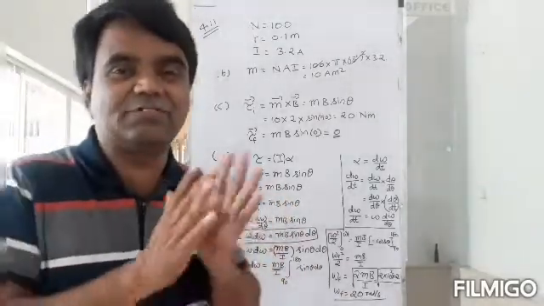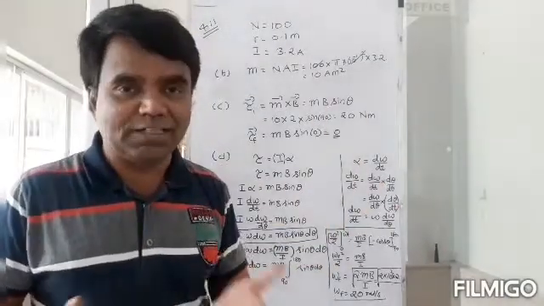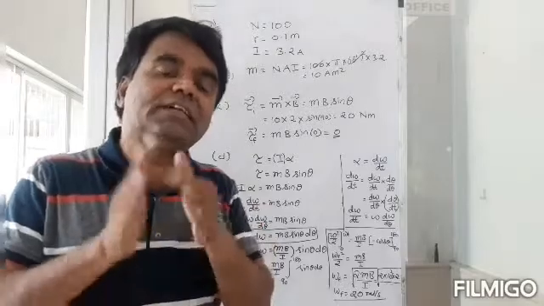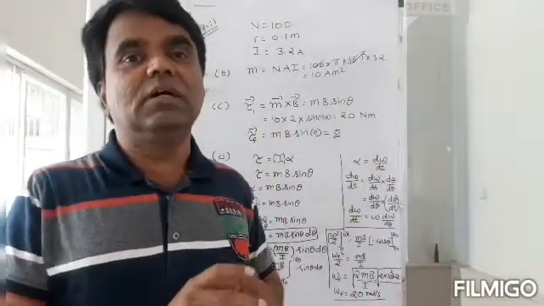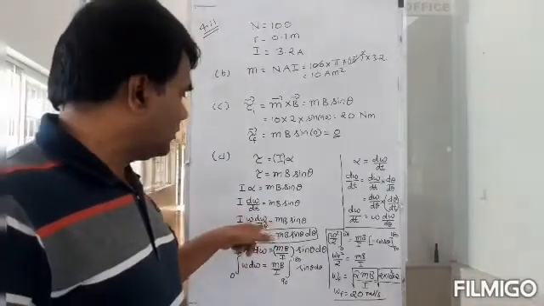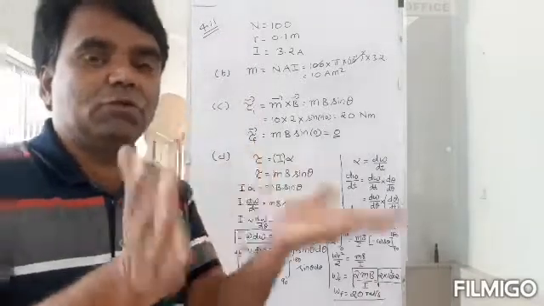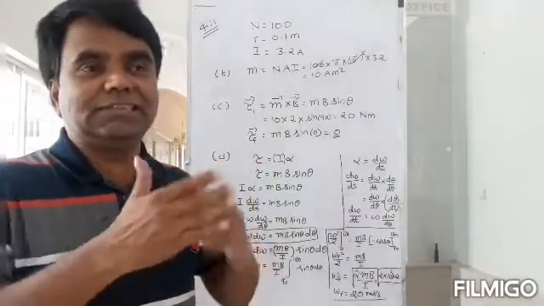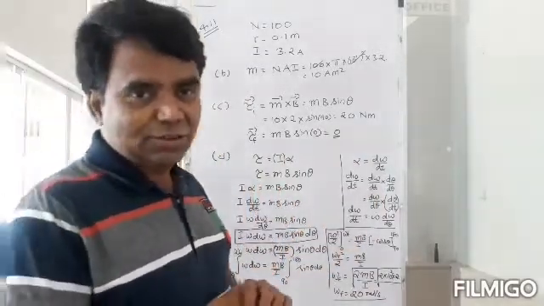How can I integrate a function of angle with respect to time? I can't do that. I need to either convert theta into a function of time, or do other manipulations. I have to somehow convert t into theta or theta into t. That's how I can do it.